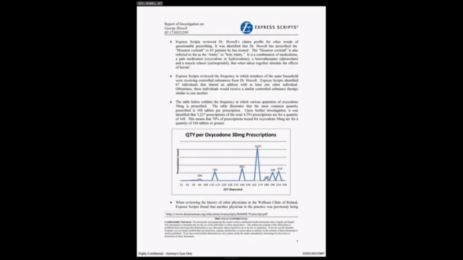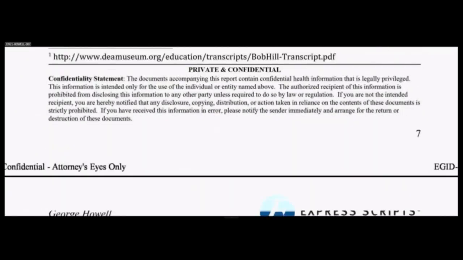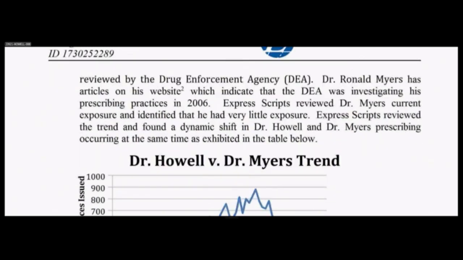Now, if you turn forward to page 7 for me, please. And I want you to look at the bottom, at the last bullet on that page. If we can bring that out, Ms. Conway. We see an indication when reviewing the history of other physicians at the wellness clinic of Roland, Express Scripts found that another physician in the practice was previously being reviewed by the DEA, right?